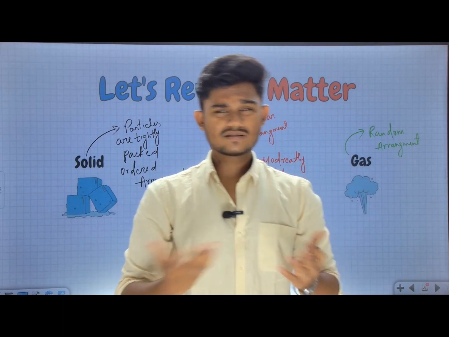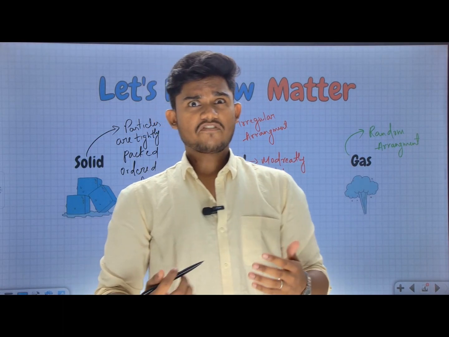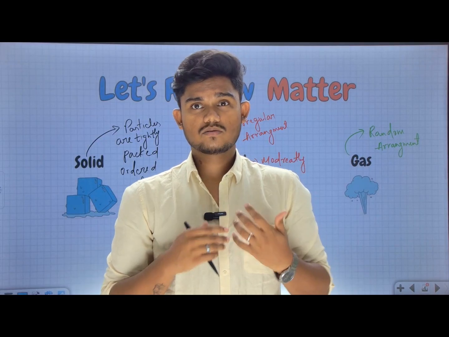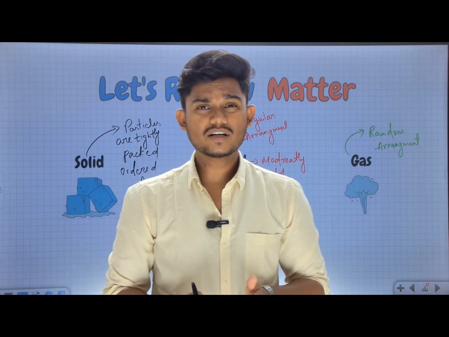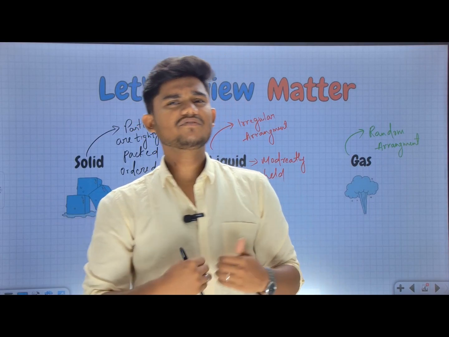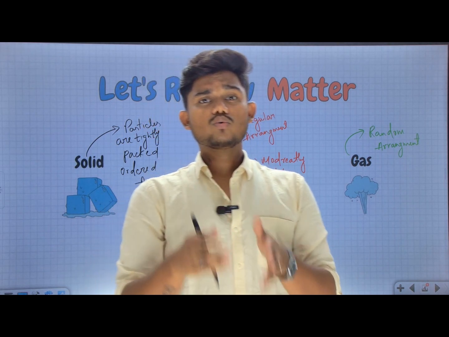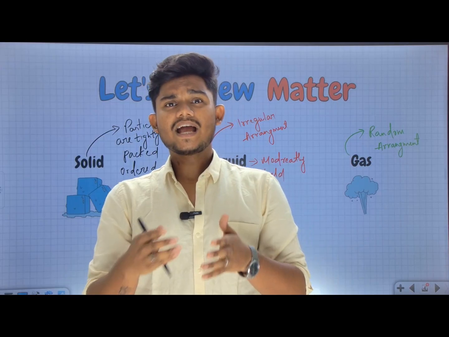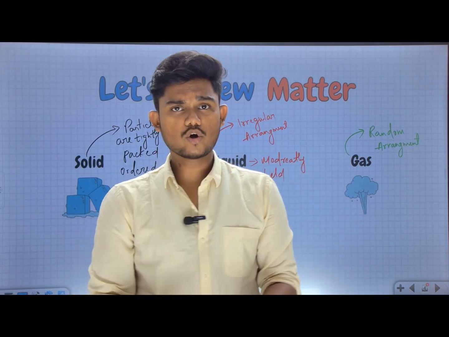So assume this is a class filled with students and I'm a very strict teacher. If I'm a very strict teacher, you guys wouldn't be able to move here and there, and you shall be in a very ordered manner, sitting on your places, sticking to your benches. But let's say I'm a little convenient, little friendly teacher who isn't that much strict, then you would find yourself moving here and there, and you would be a little irregular in terms of sitting at one constant place.